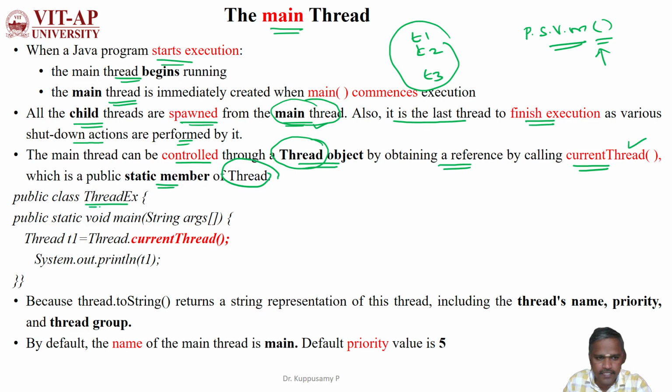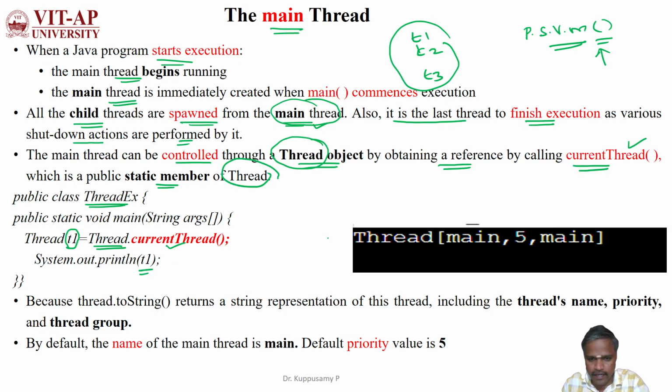A user defined class ThreadEx is created. Then I am creating t1 by using the class Thread, and here I am checking which current thread is running. I am printing that, and when I check it, I get the output like this. So the thread is created by using the class Thread. This is the main thread.